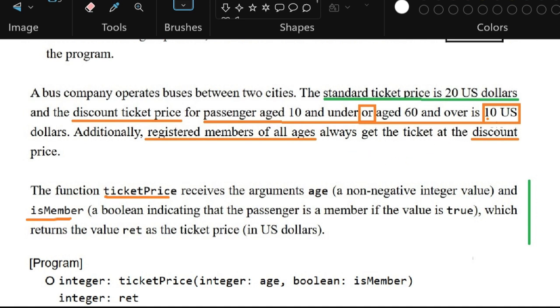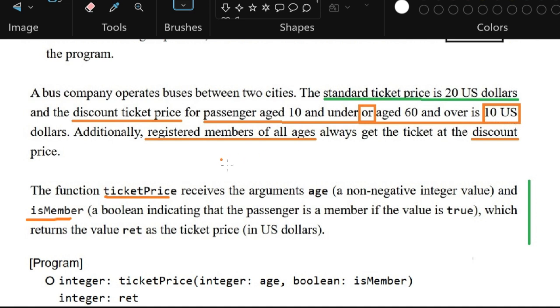I think the two main distinctions that we need to take note of are whether the person riding the bus has to pay the discounted ticket price or the standard ticket price. And we do have here the conditions. If the passenger is age 10 and under or aged 60 and over, then we pay only $10.